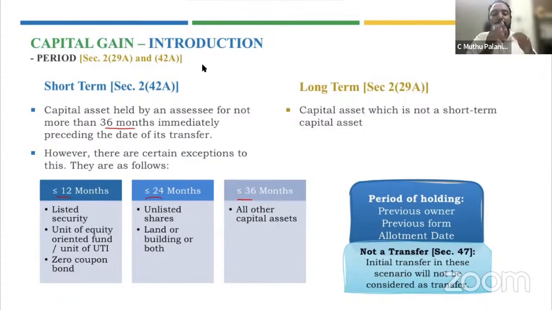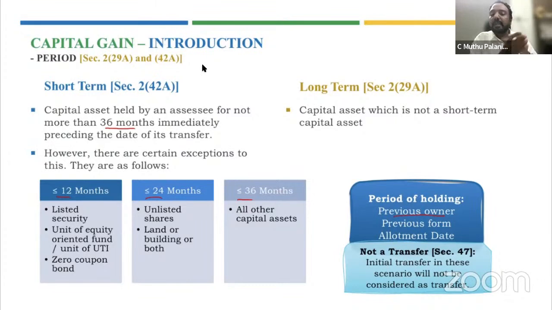Now you have to calculate the period of holding, from the date of purchase to the date of sale. But in certain situations, the period of holding will vary. Generally, it is date of purchase to date of sale. But when it is transferred from a previous owner, like father giving to son, or received as a gift, the period of holding should be counted from the original owner, that is, the previous owner.